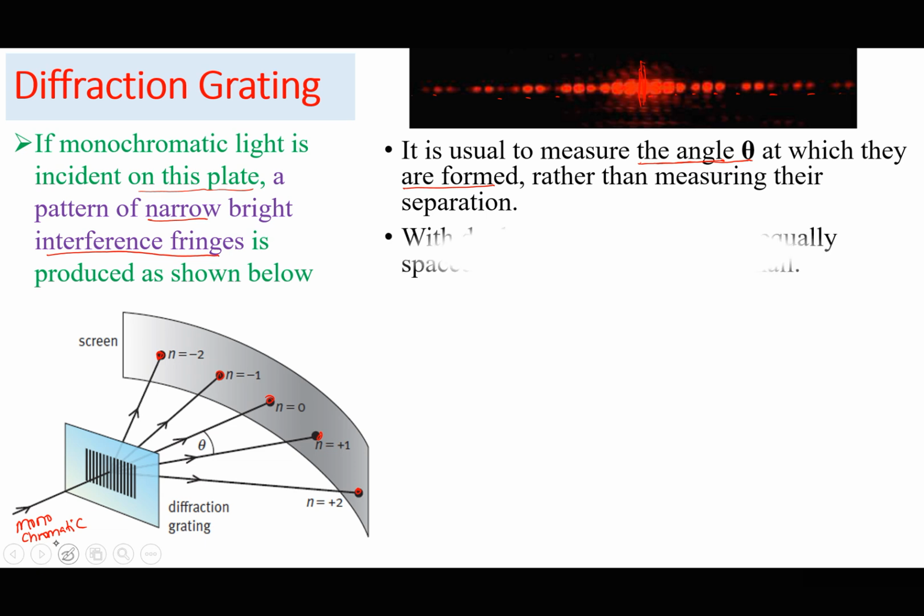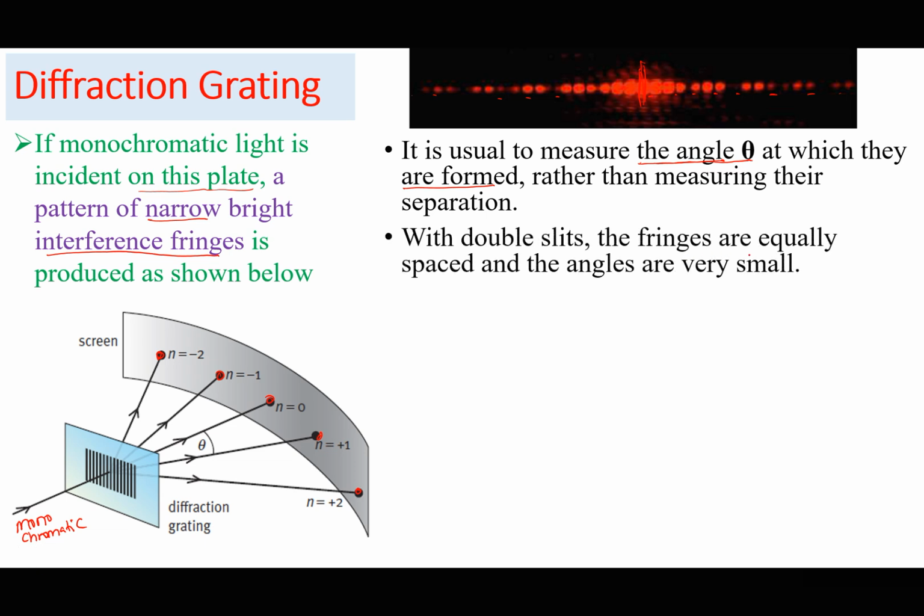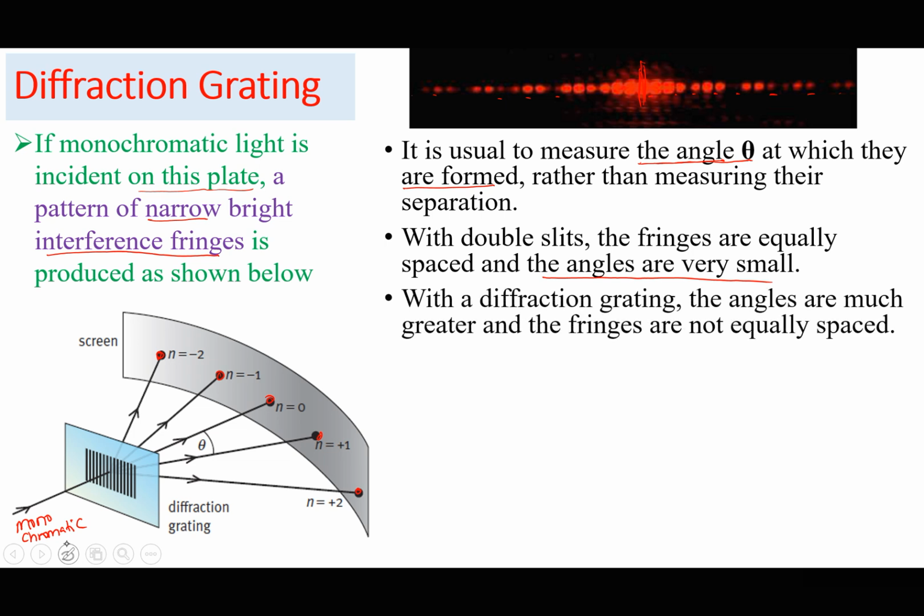So with the double slit that we saw earlier on, the fringes were equally spaced, and the angles were very, very small. But with the diffraction grating, the angles are much greater and the fringes are not equally spaced.